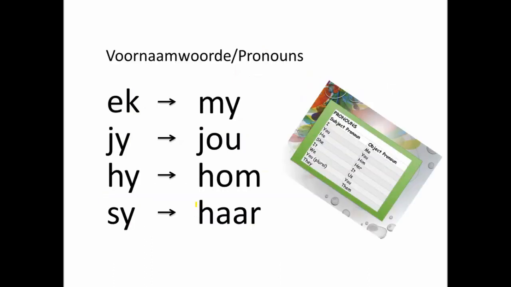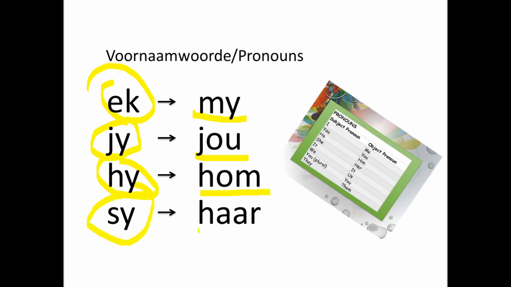So for instance, if the sentence has ek, it will have to change to my in your new Lydende vorm sentence. If it has jy, it will have to change to jou. Hy changes to hom.